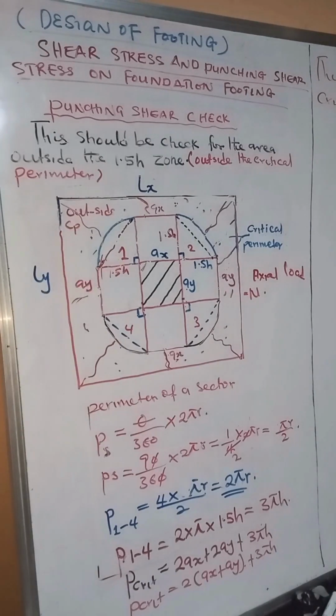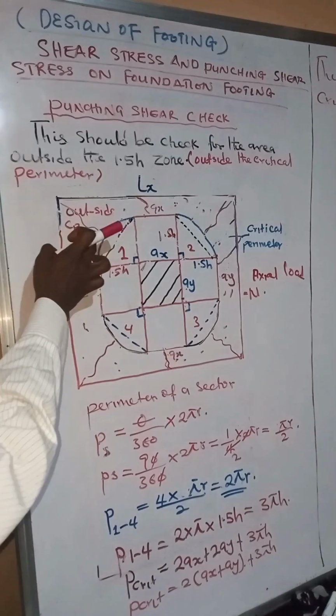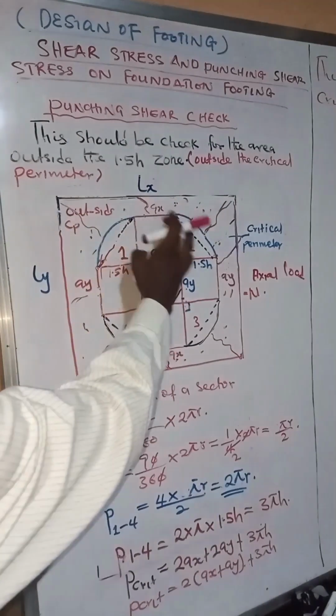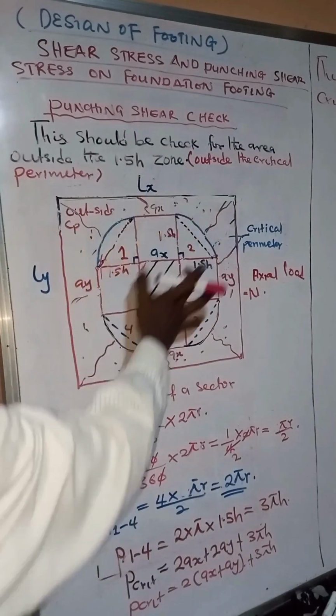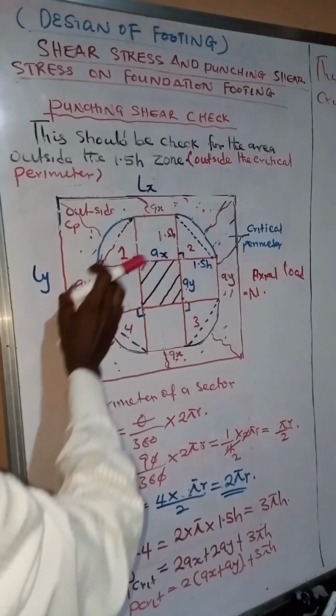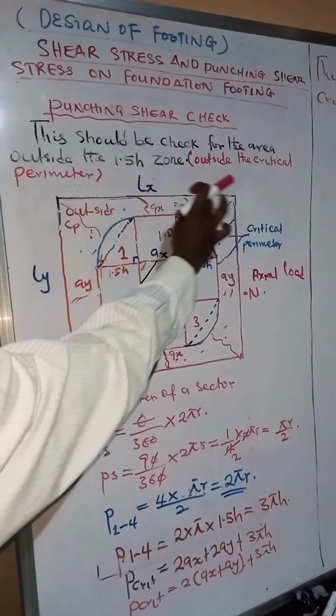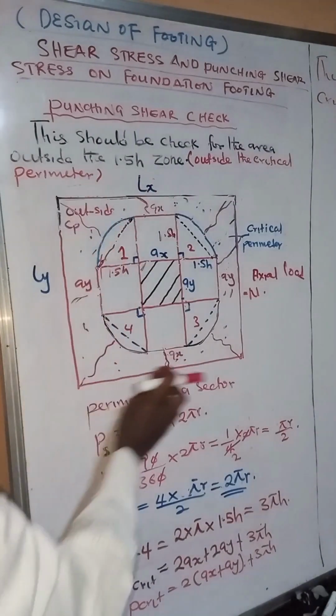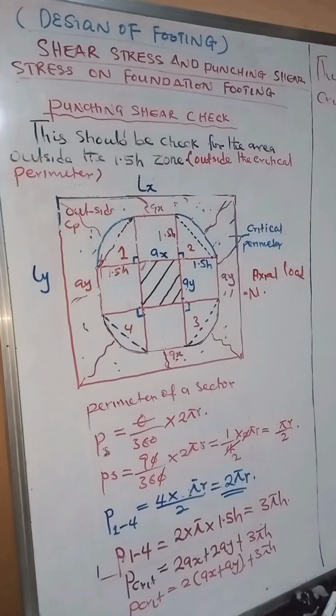So we want to calculate the area inside the critical perimeter. Once we calculate it, we are going to subtract that area from the total area of the footing to get the area outside the critical perimeter. All right, so let's solve that and get the formula for calculating that.